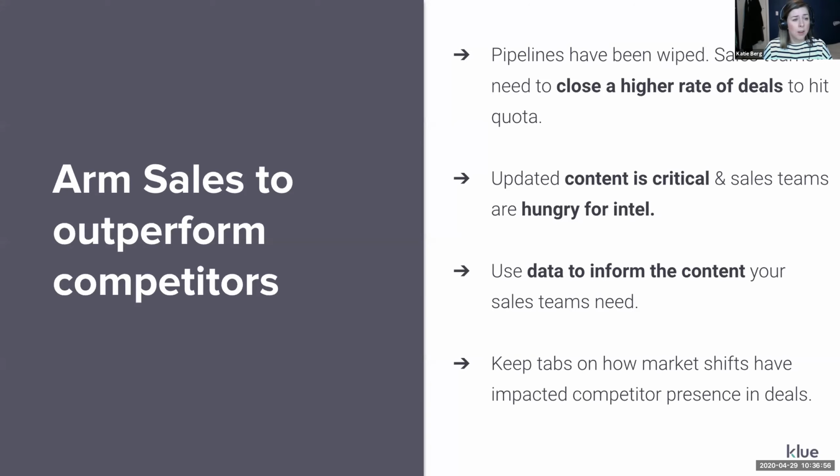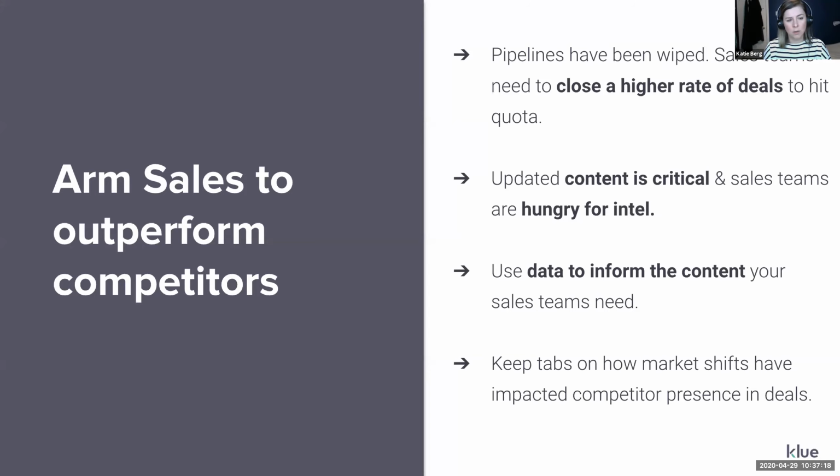Yeah, so I think we've all experienced a bit of this in the last few weeks, but for a lot of companies, depending what market you're in, pipelines have been wiped, or your pipelines are under a lot of pressure. What that's going to mean to our sales leaders is that they need to outperform competitors in order to hit their quota.